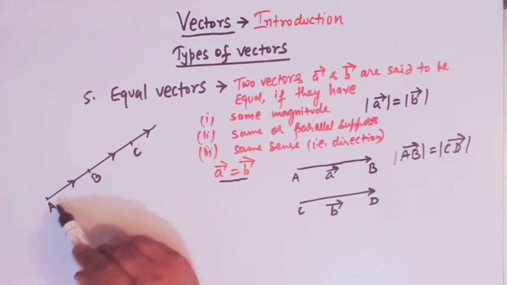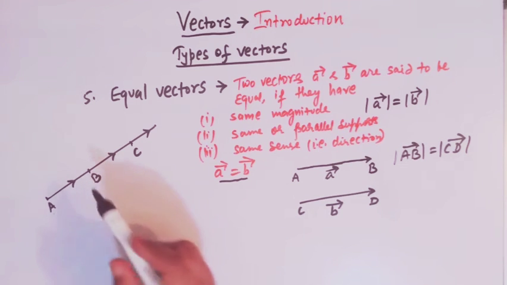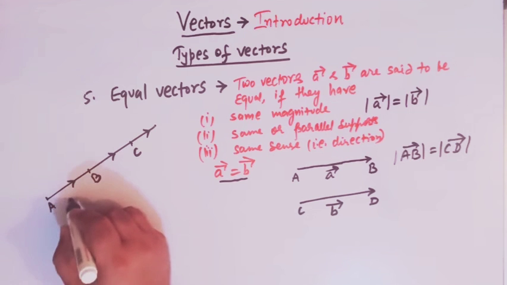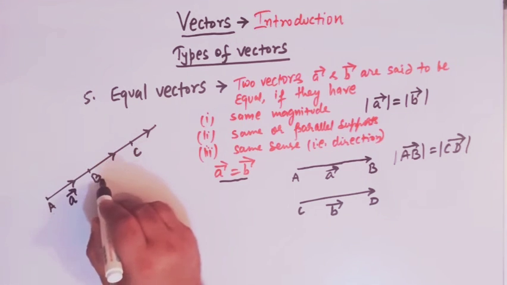Now here we have two vectors: suppose vector AB is vector A, and here we have vector BC.